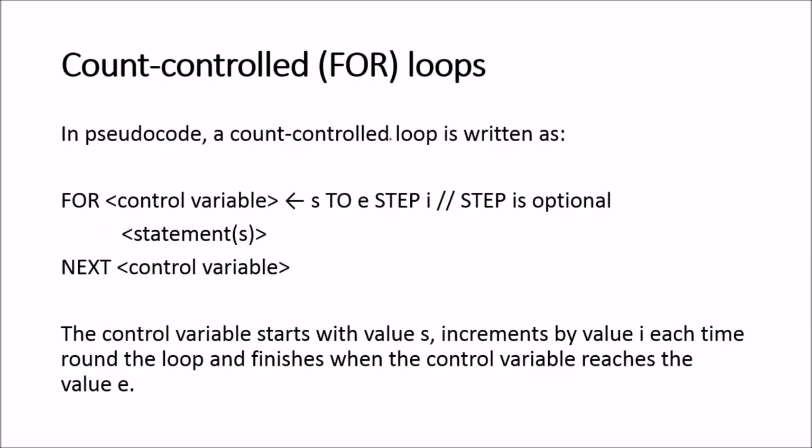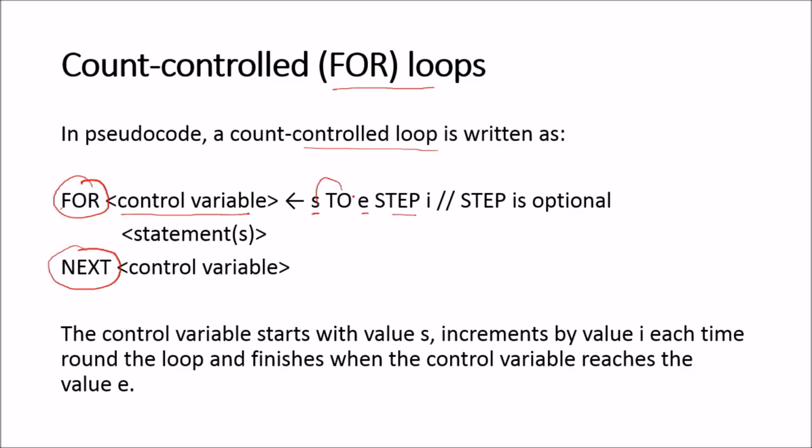First, the count control loop, or you can say the for next loop. In pseudocode, a count control loop is written as for, then the variable name, the starting value, to, the end value, and the step, if it's incrementing or decrementing, and lastly, next.